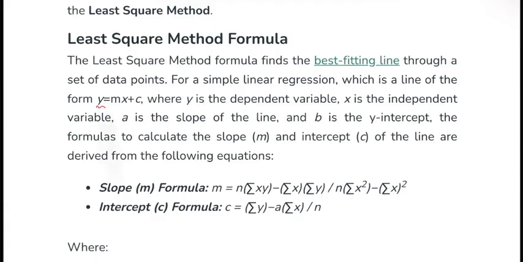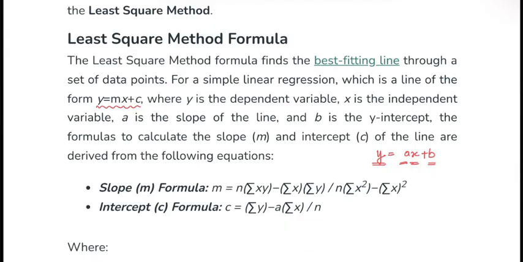It is of the form like this, and the equation is y equal to ax plus b, where y is the dependent variable, x is the independent variable, b is the y-intercept, and m here is represented by a, the slope.